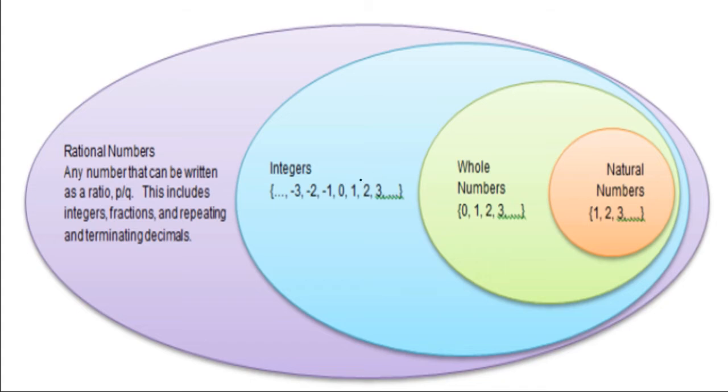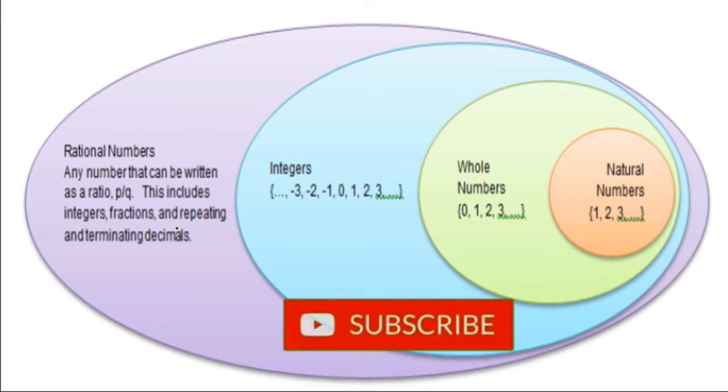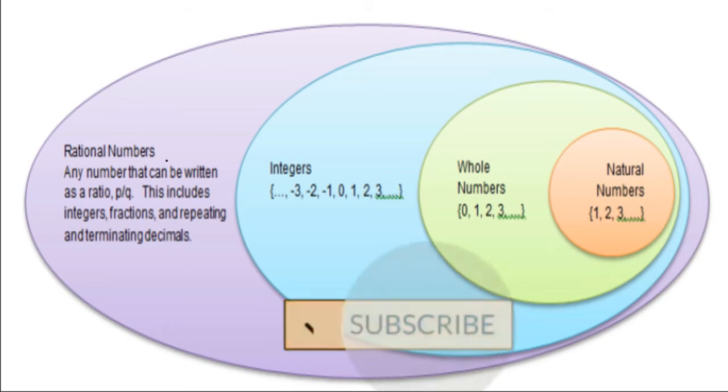The integers, whole numbers, and natural numbers in turn are present in the set of rational numbers. Any number that can be written as a ratio p by q, this includes integers, fractions, and repeating and terminating decimals, are called rational numbers.